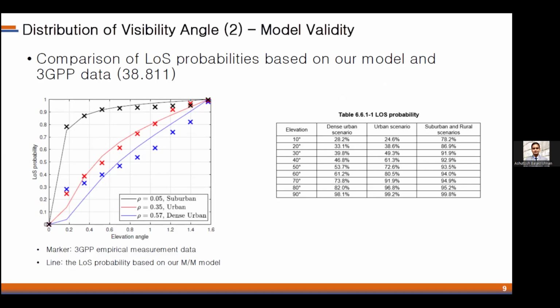With this data, under our MM model, we compare and see that it is quite well matched by tuning rho, which is lambda over mu, the product of the intensity and the mean height. So we can see that our model is quite close to the real environment.